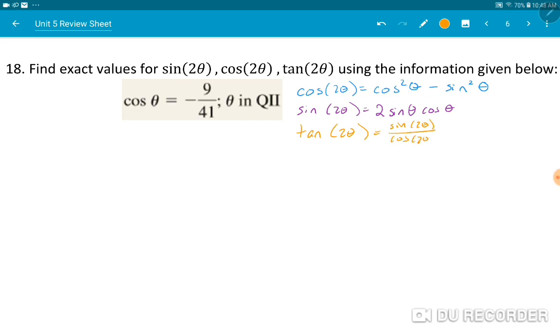And if that doesn't come out pretty, or if it's not easy to evaluate, then we can always use the double angle formula for tangent, which is 2 tangent theta over 1 minus tan squared theta.